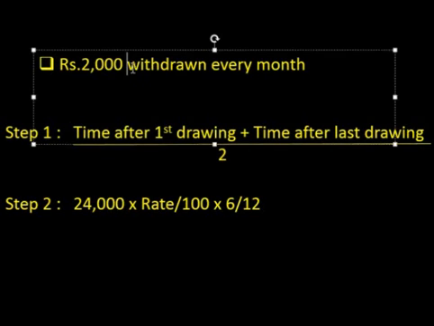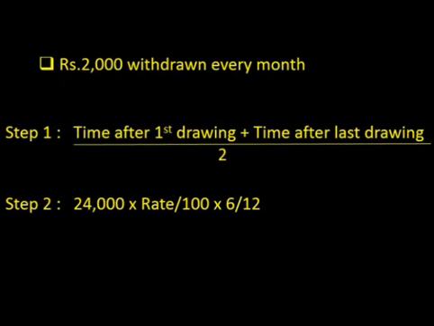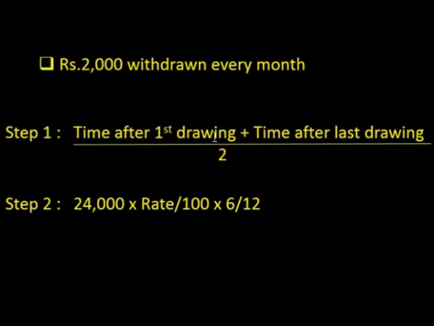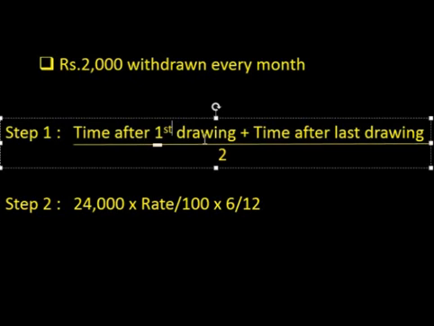So now this is the case, rupees 2,000 withdrawn every month, but we don't know whether the amount is withdrawn at the beginning, middle or end. So in such a case we will assume that amounts are withdrawn in the middle of the month. So we know the steps. Step 1, find out the average period: time after first drawing plus time after last drawing over 2. So now what will be the time after first drawing?